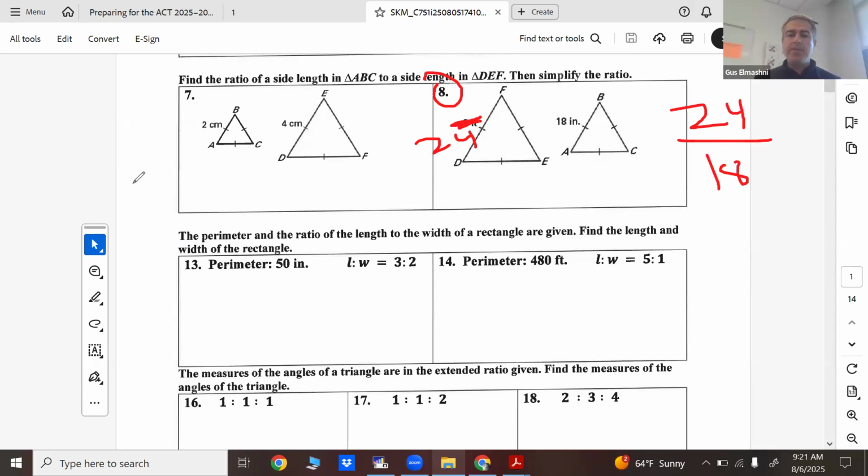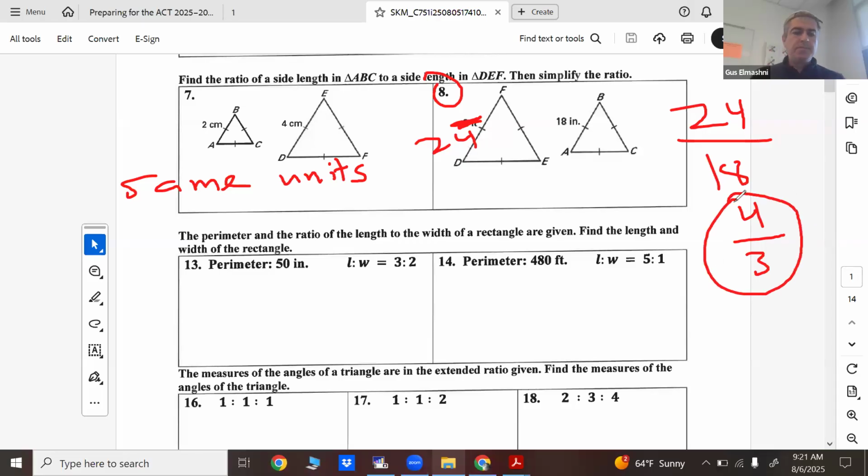You have to use the same units, very, very important. They're both divisible by 6, so it's 4/3. Okay, you get 4/3.